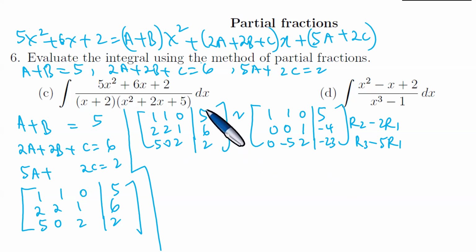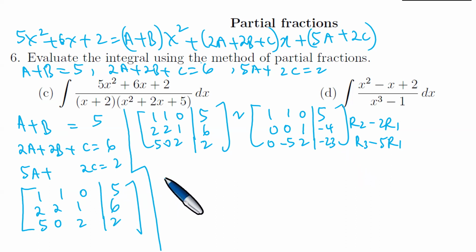Multiply by -5, you get a minus 25. You add to 2, it becomes a minus 23. Okay, take a look at that one.